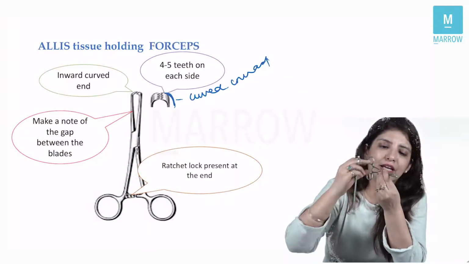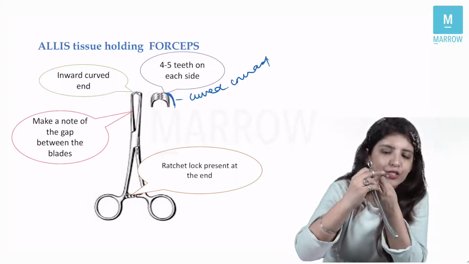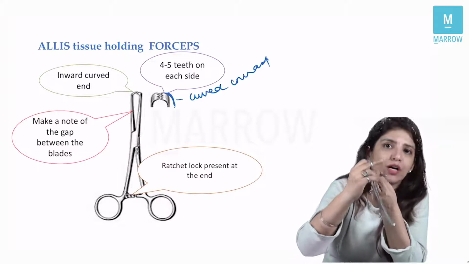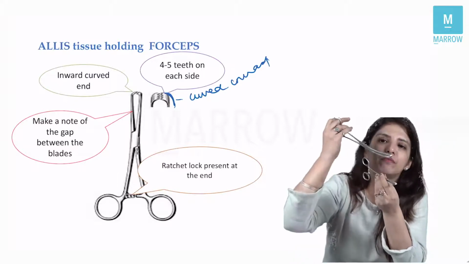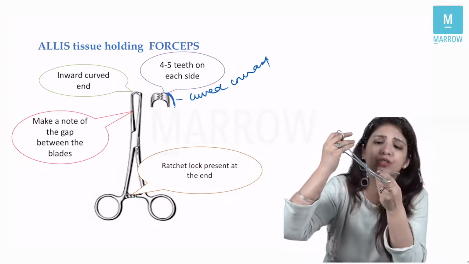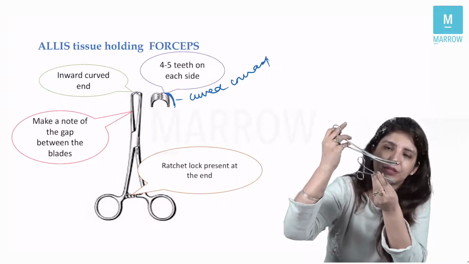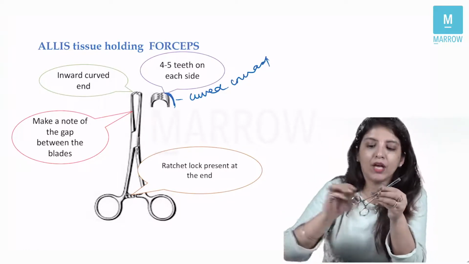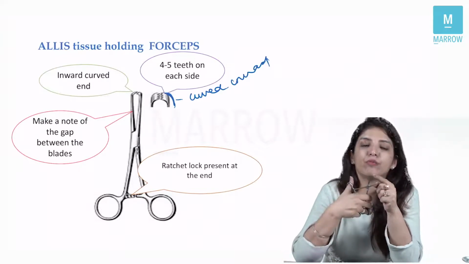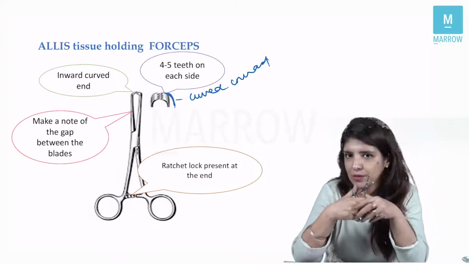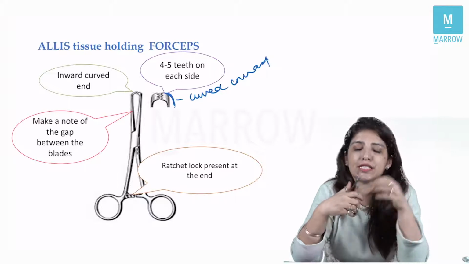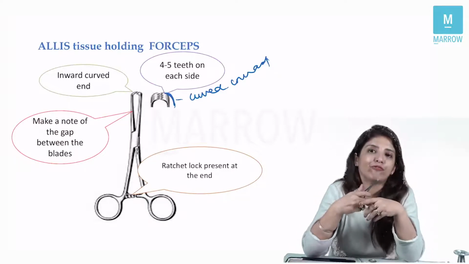But Alice forceps is a straight forceps. There is a gap, and there is no curve upwards. A valsellum is a much bigger instrument. There is a concavity upwards and the gap is there between the blades. Now, whenever teeth are present, these teeth help to hold tough tissues.